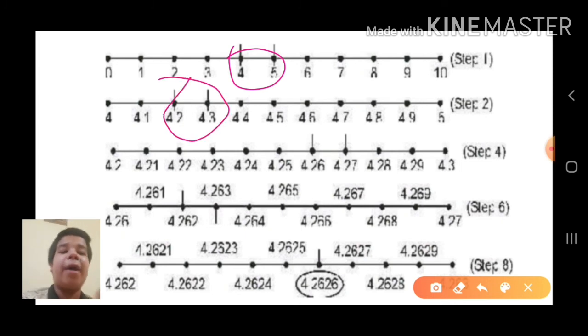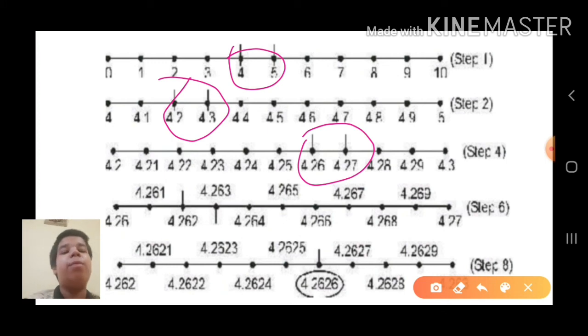Now we again have to divide this interval into 10 equal parts: 4.2, 4.21, 4.22 and so on. Now what is the number? 4.2626. So it would come in between 4.26 and 4.27. Now again we have to divide this interval into 10 equal parts.